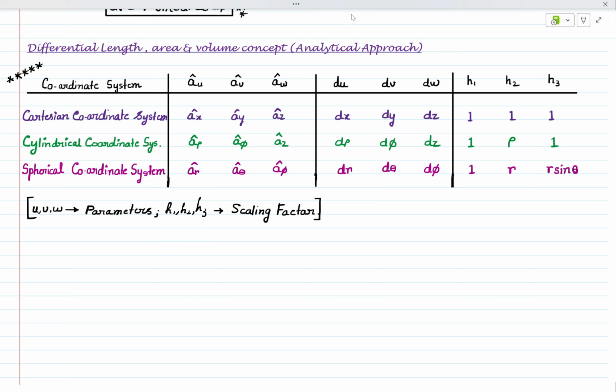See the generalized formula for the differential length. I am writing it over here.